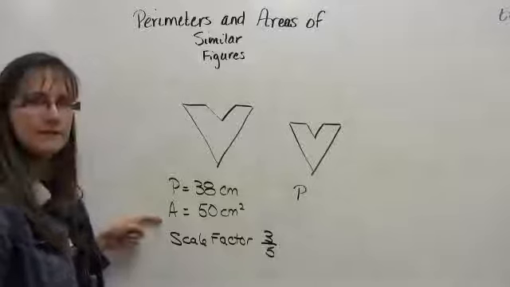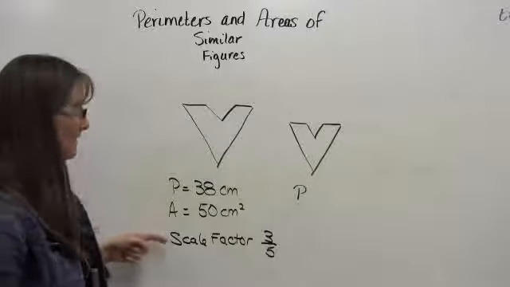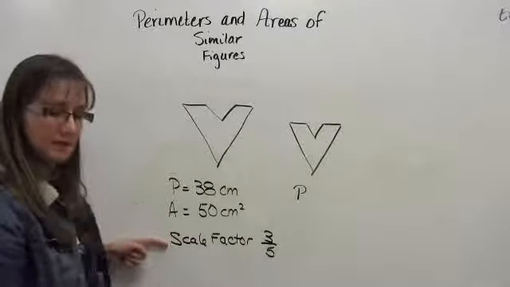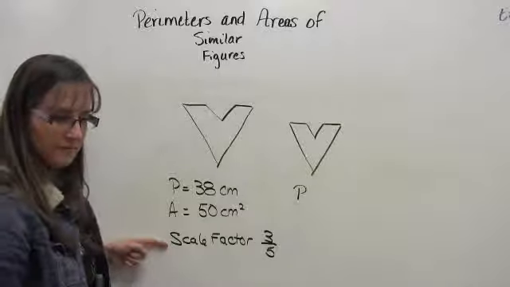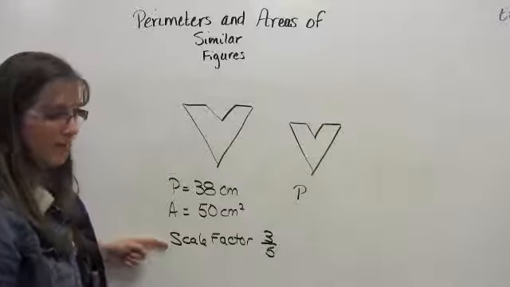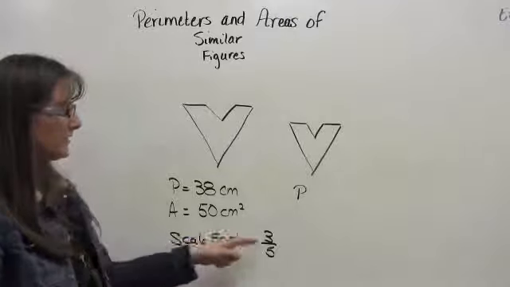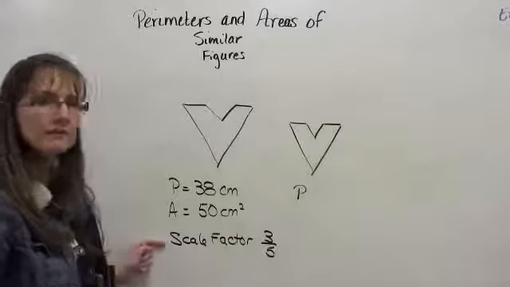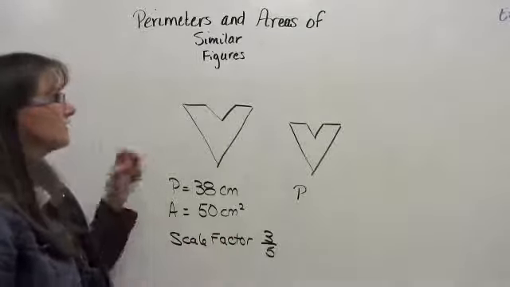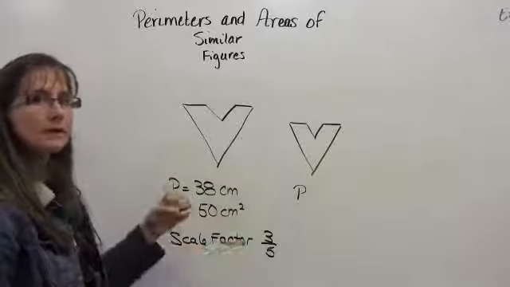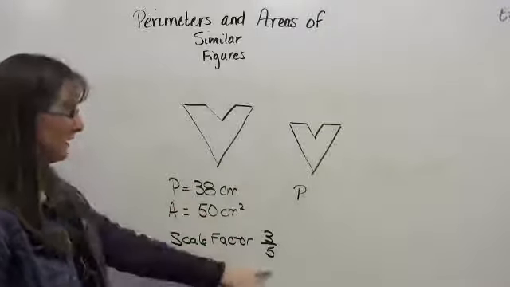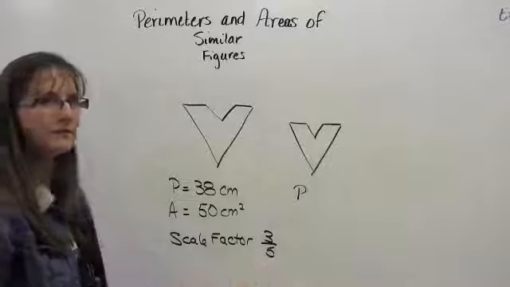It has an area of 50 centimeters squared, and that the scale factor, that's little to big, is 3 to 5. So my scale factor is little, 3, big, 5, giving me the fraction 3 over 5 here.